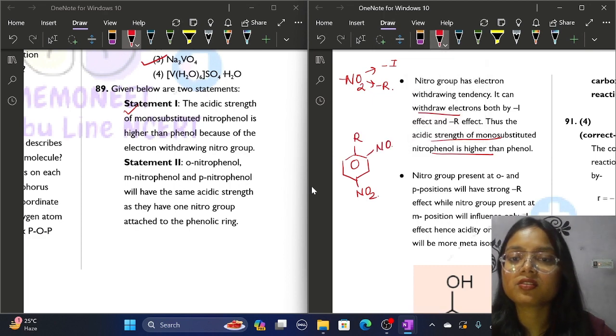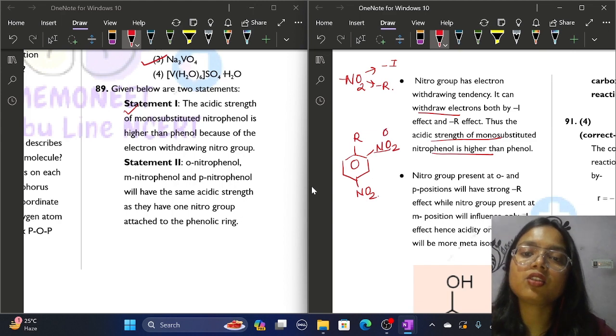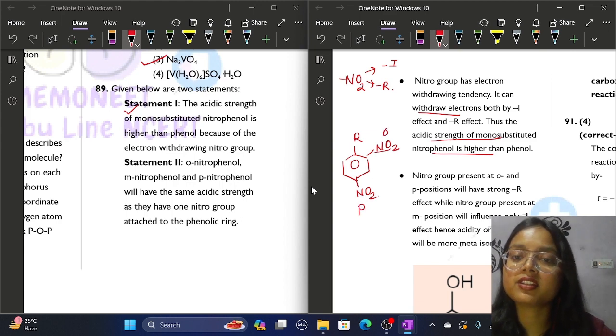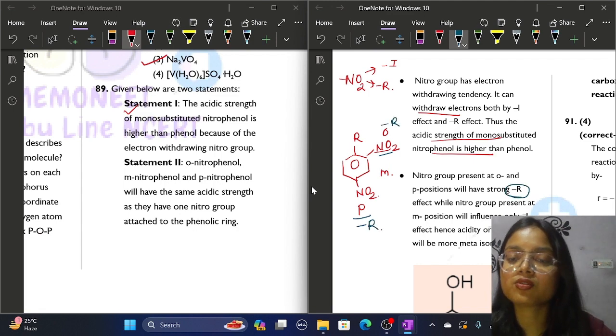This is the ortho position, this is the para position and this is the meta position. If it is at the ortho and para position, then it has the strong minus R effect. While if the nitro group is at the meta position, then it will only have the minus I effect.